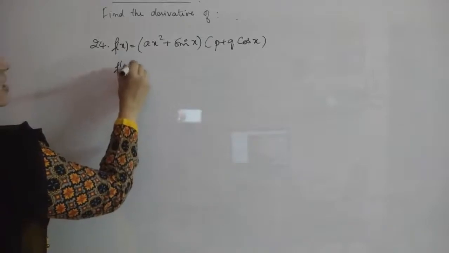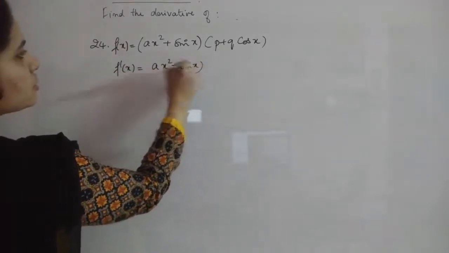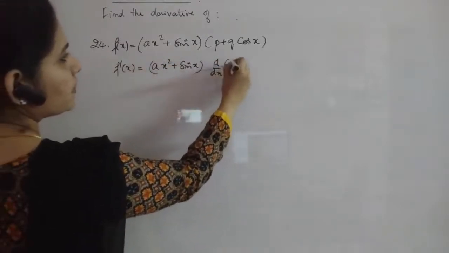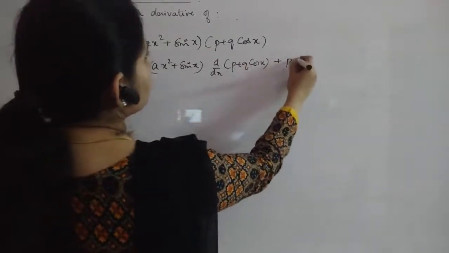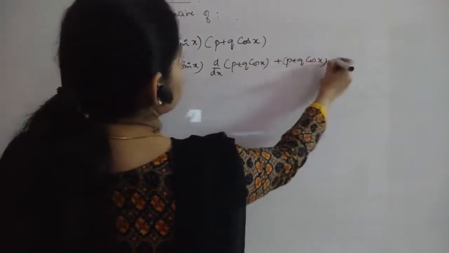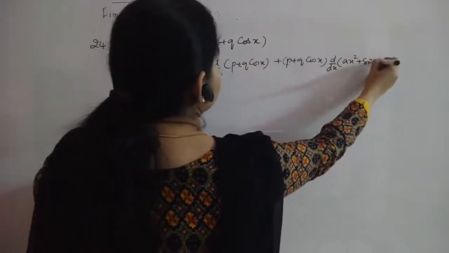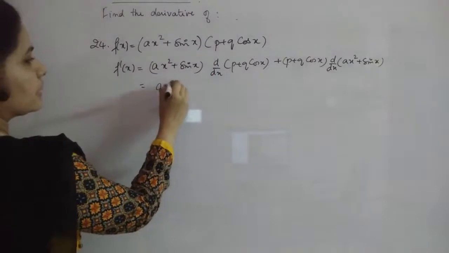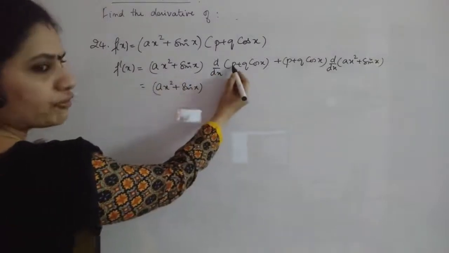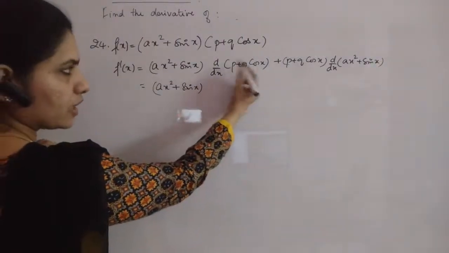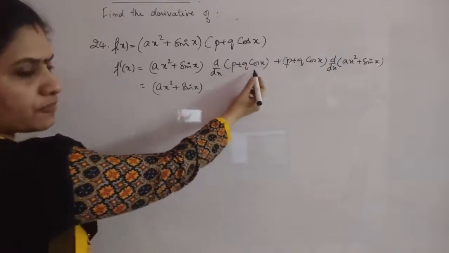Next, f(x) equals (ax square plus sin x) into (p plus q cos x). F dash of x will give you (ax square plus sin x) into the derivative of (p plus q cos x), plus (p plus q cos x) into the derivative of (ax square plus sin x). So that will give you (ax square plus sin x) into the derivative of p, which is 0; q can be taken out, and q into the derivative of cos x will give you minus sin x.